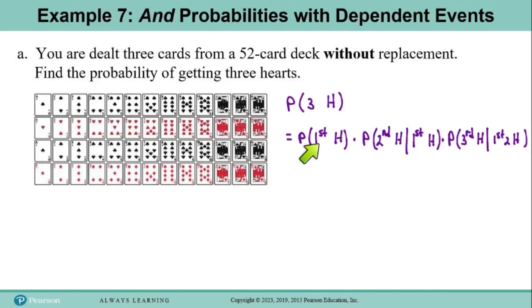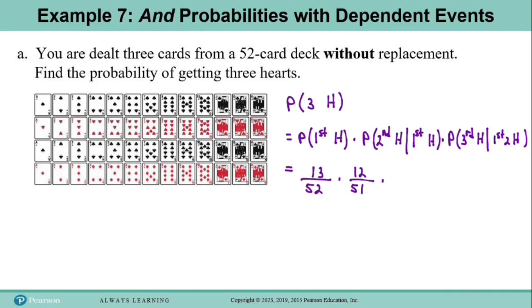So the probability that the first card is a heart is going to be 13 divided by 52. Now, that's going to be times the probability that the second card is a heart, assuming that the first one was a heart. So if we've drawn a heart from our deck, now we're down to 12 hearts and 51 total cards. So the next probability will be 12 divided by 51.